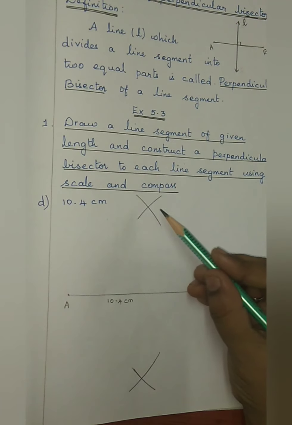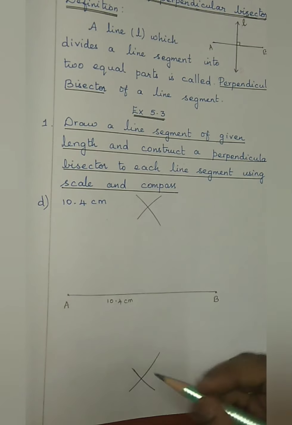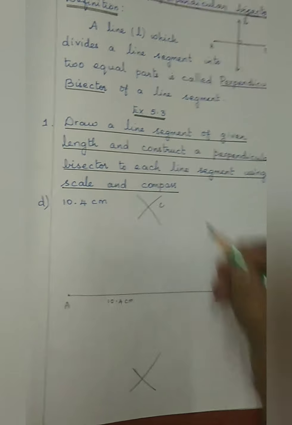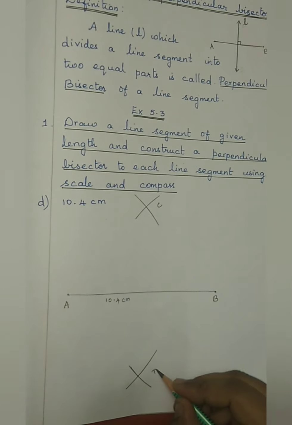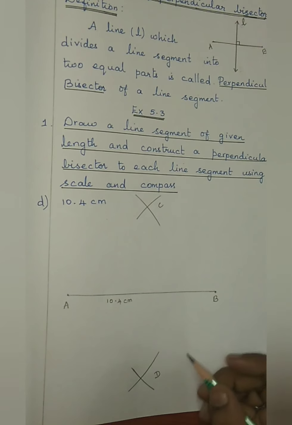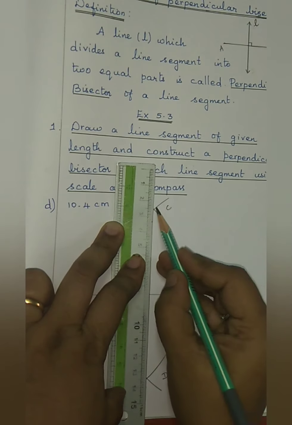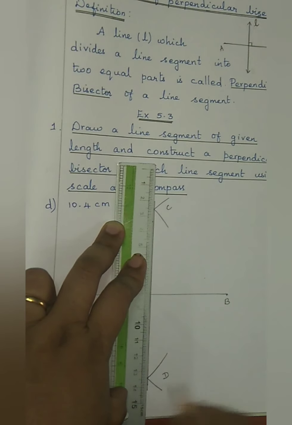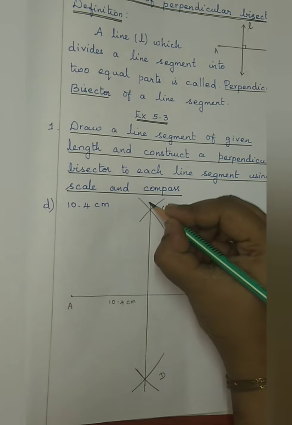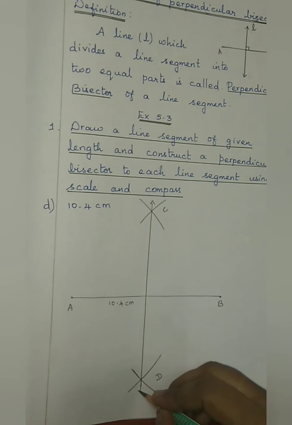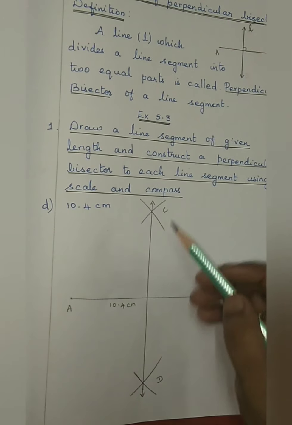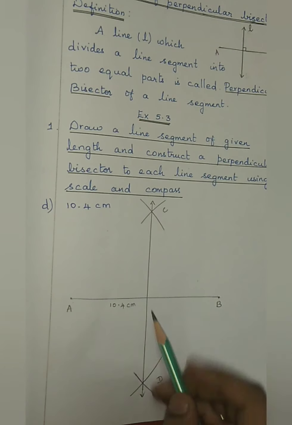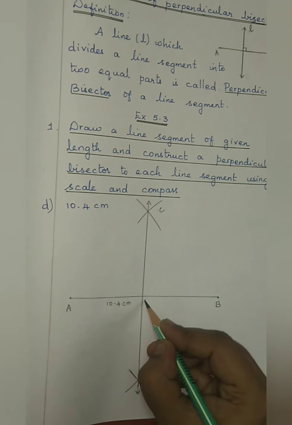Now let us name the point of intersection of these two arcs as C and D. Join C, D. The line CD intersects the line segment AB at O.